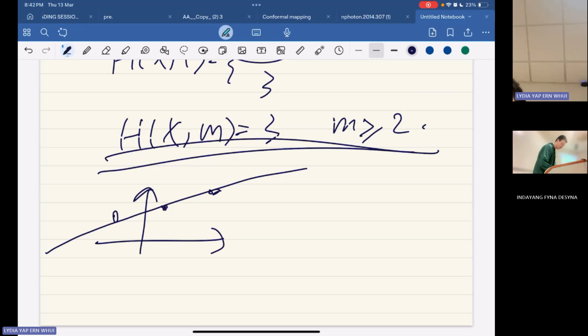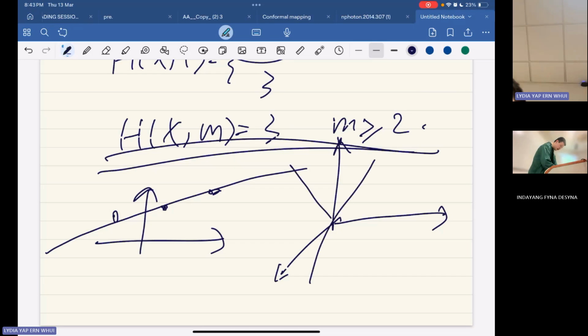But if we want to think about P2, we need to go up to 3 dimensions, right? Because the elements of P2 are actually lines through the origin in R3. We just consider RP2, because I cannot draw CP2, right? So what do you mean when you say these 3 elements are collinear? How do we think about those lines?